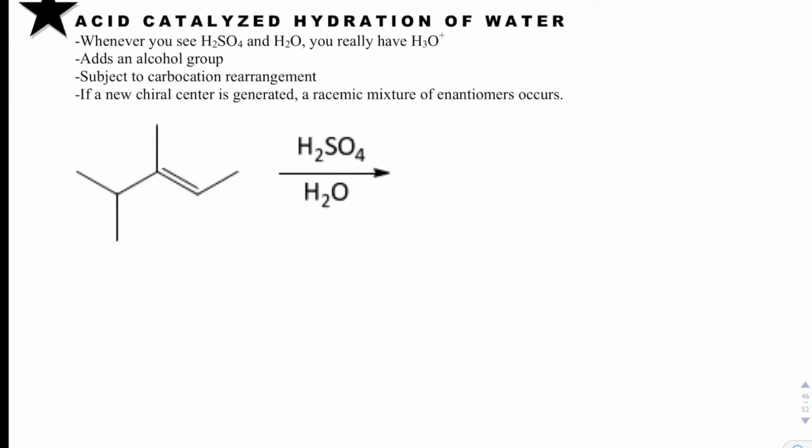Okay, now we have acid catalyzed hydration of water, and with that reaction, this is just sulfuric acid, commonly dilute sulfuric acid, just dissolved in water, and so what we're going to get is H3O plus. That's going to really be our reagent.